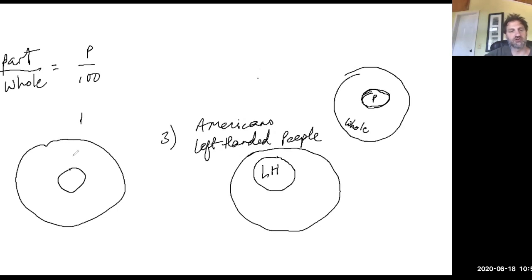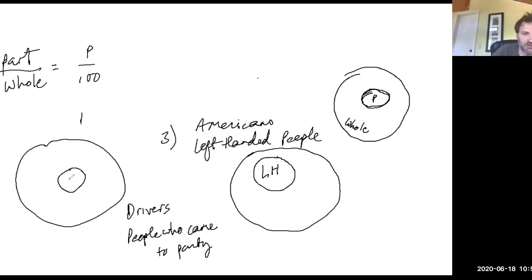I've got drivers, and then I've got the people who came to the party. The drivers are a part of the people who came to the party, right? So I would put the drivers in the small circle, and the people who came to the party in the large circle.